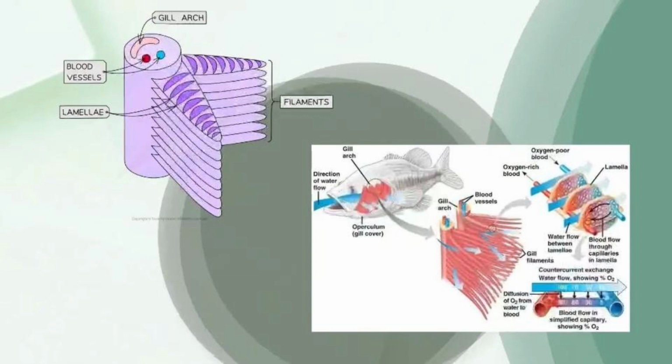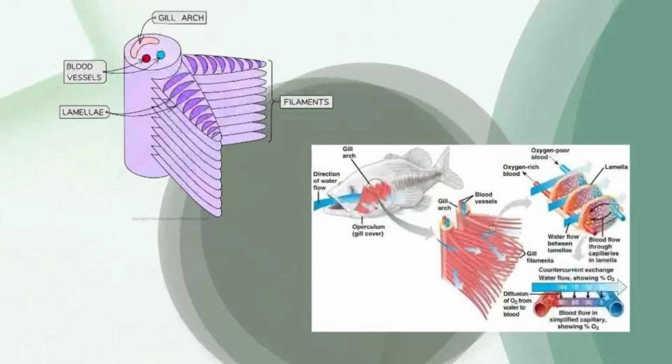The fish then closes the mouth, causing the bottom of the mouth, so the buccal cavity floor, to raise, and that increases the pressure. This forces the water down over the gill filaments because of the difference in pressure in the mouth and in the cavity where the gill filaments are.